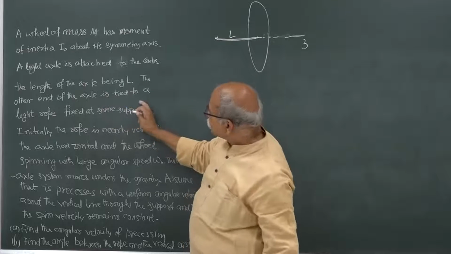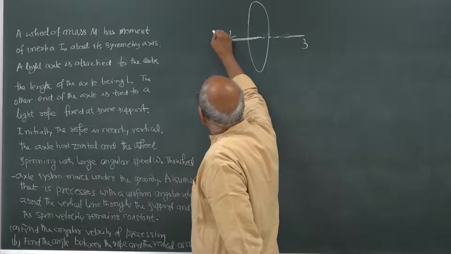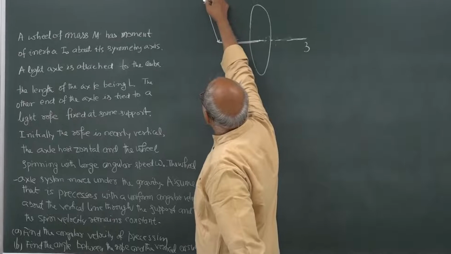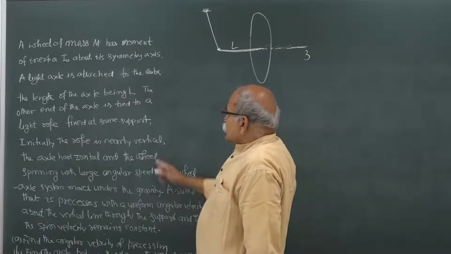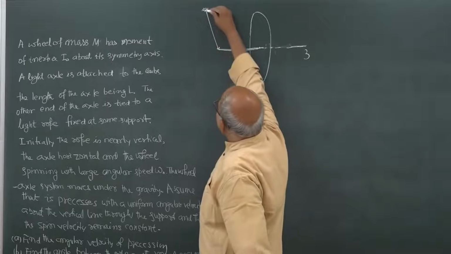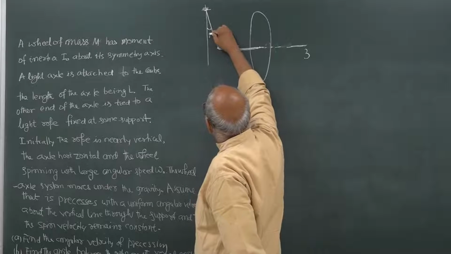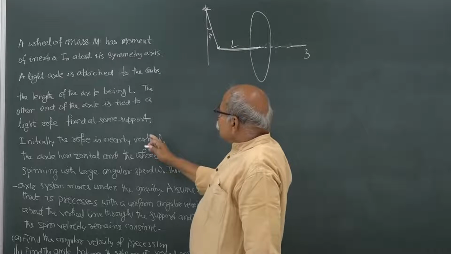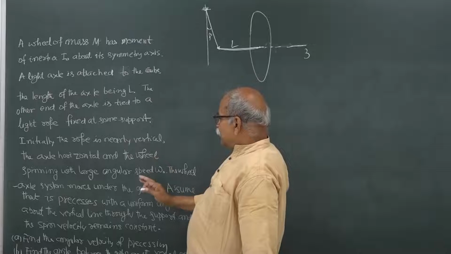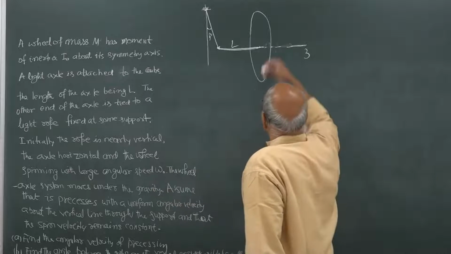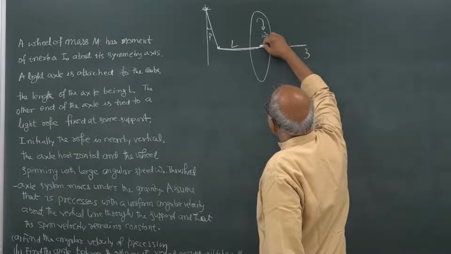The other end of the axle is tied to a light rope fixed at some support. So, this is a rope, and that I was holding here. This is that fixed support, this point is fixed. Initially the rope is nearly vertical. So, this angle is beta, let us say small, nearly vertical. The axle is horizontal, and the wheel is spinning with large angular velocity omega naught, that is given.